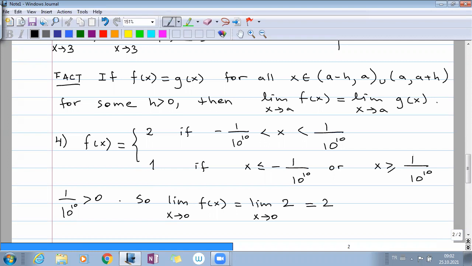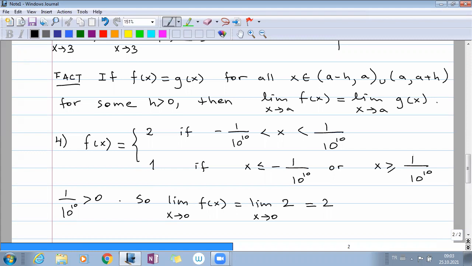When you're sketching this graph using software on your computer, maybe 10 to the 10, I don't know how many digits, it depends on how good a computer you're using. But if the number gets too small, computers cannot distinguish between a very small number and 0.